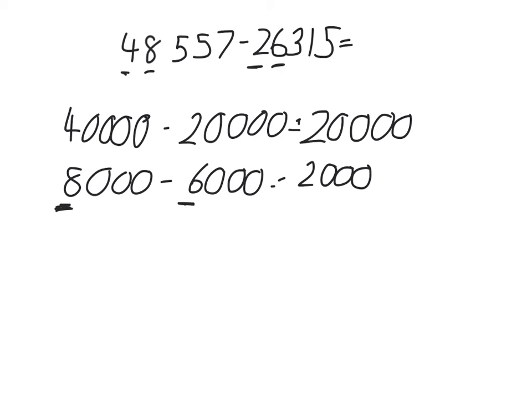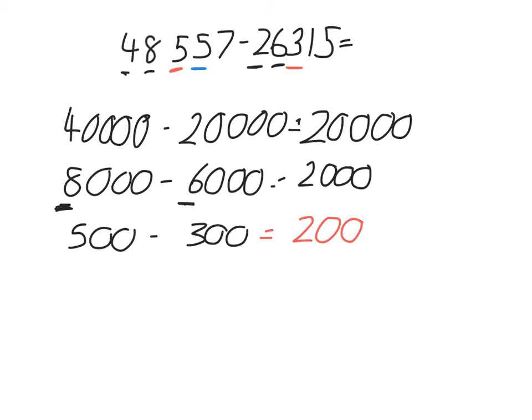Then I'm going to take 500s and 300s away from each other. So that is this number here and this number here. That's going to equal 200. Then I'm going to take away my tens.